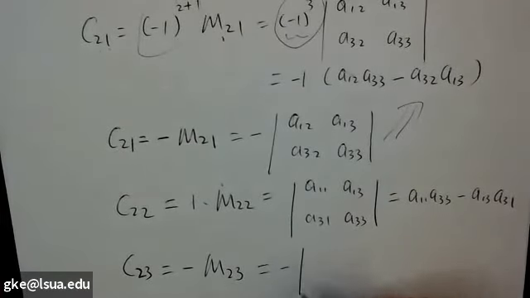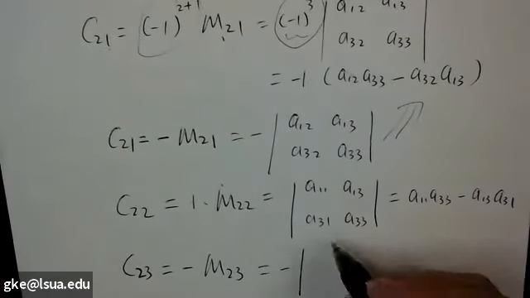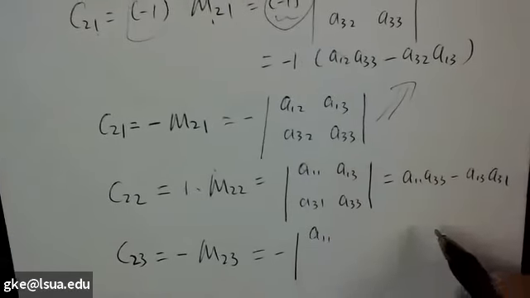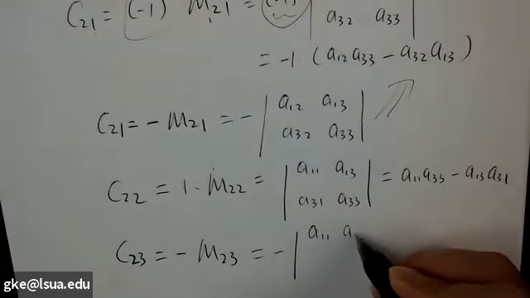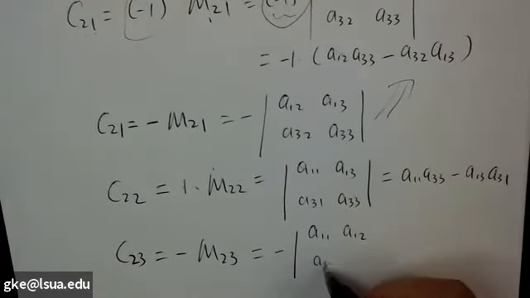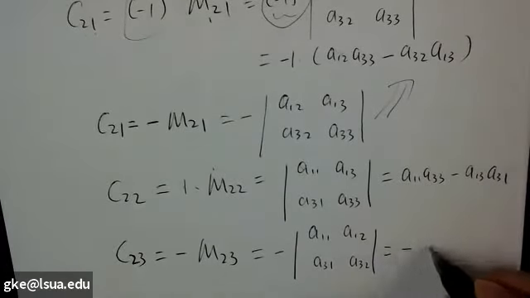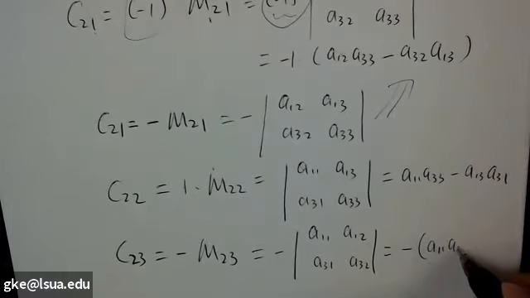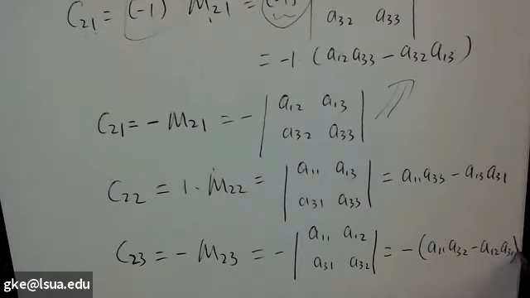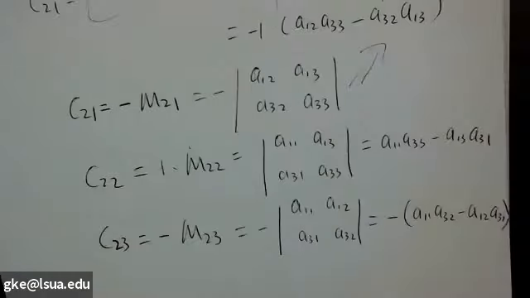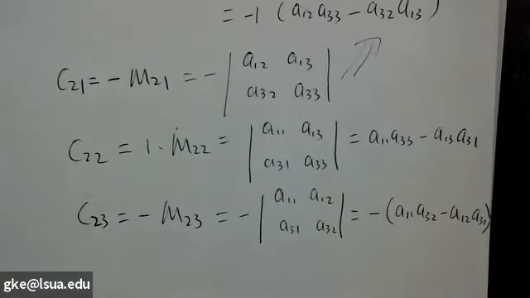M23 is the thing we learned before. That is A11, A12, A31, A32. So we get A11 A32 minus A12 A31. That's a cross product.